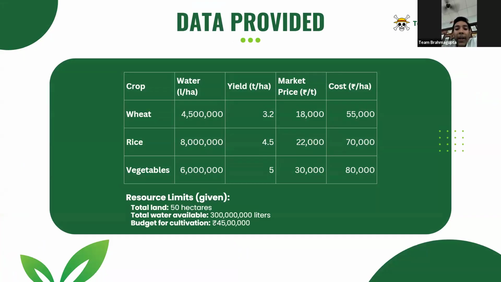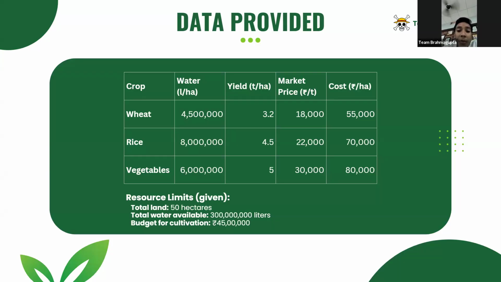The data provided is for the crops wheat, rice, and vegetables. First, wheat. Wheat has a water requirement of 4.5 million liters per hectare and a yield of 3.2 tons per hectare. The market price for wheat is 18,000 rupees per ton, and the cultivation cost per hectare is 55,000.